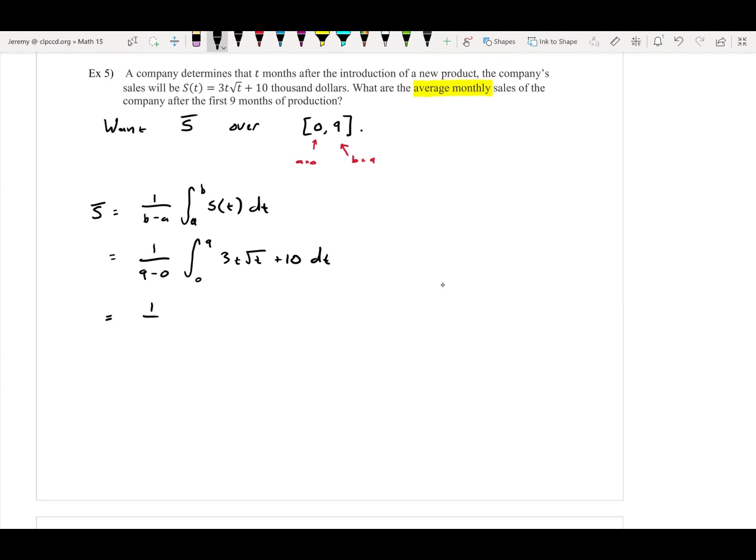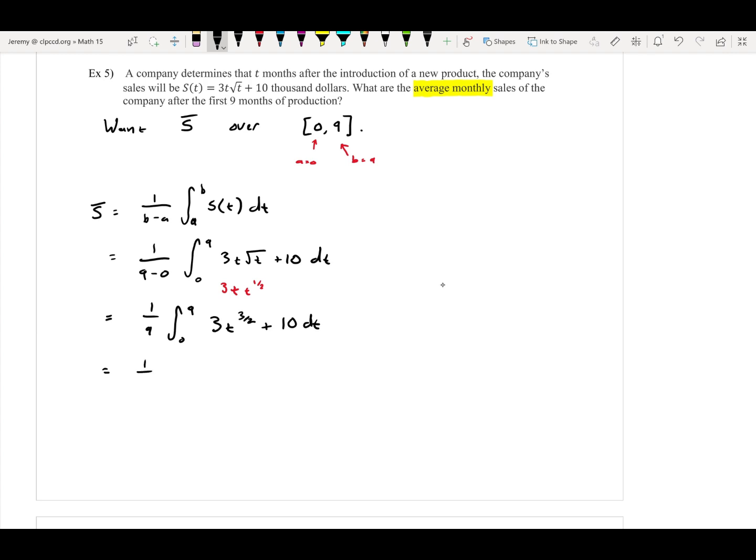Okay, so this is 1 over 9 times the integral from 0 to 9. This is a weird factor right here. I could think of this as 3 times t to the 1/2. So multiplying those, t times t to the 1/2, I'll just add the exponents. This is 3t to the 3/2, like that. Just rewriting it, setting it up for a nice power rule.